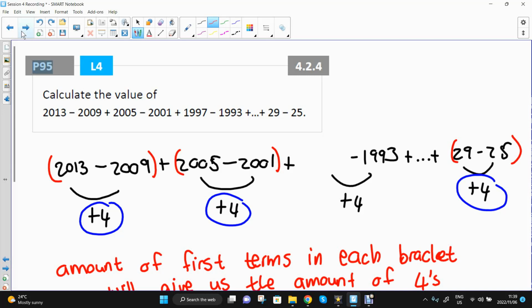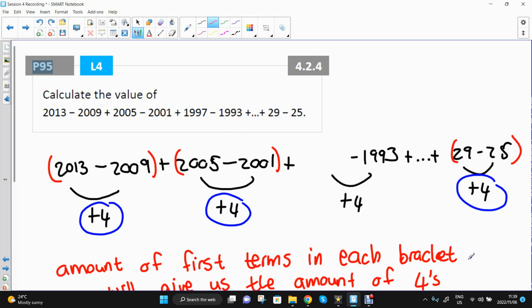So what I did here for you is to group them. So I took the first two, put a bracket around them to say that, if I look at these two together, that's almost like my first term, if you want. That answer is going to be 4. And the next answer is going to be 4, which means this last one is also going to be 4. So I know that I'm getting answers of 4 everywhere.